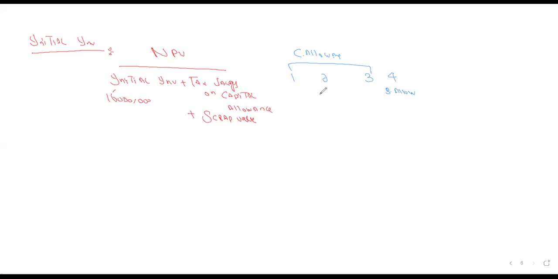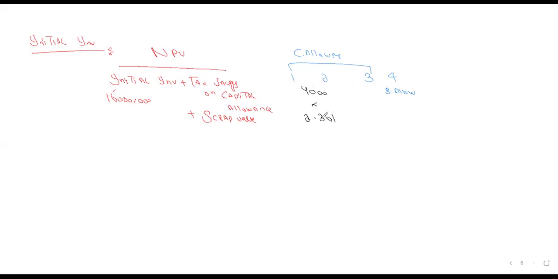So the capital allowance was how much? 4,000. Again, hold on, as the 4,000 is a constant cash flow for a constant time period, why don't you apply the annuity factor for 3 years? The annuity factor for the 3 years will come as 2.361.